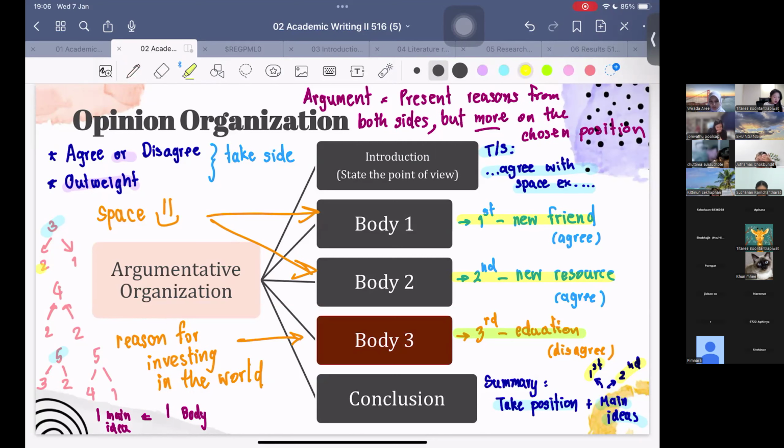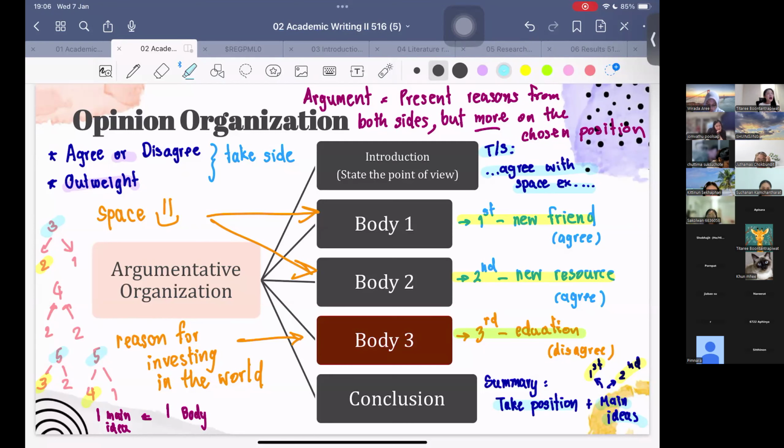That is okay as well. The idea is that when you present reasons and apply the argumentative organization, you need to make sure that you present more reasons from your chosen position than the opposite one. So 2-1, 3-2, 4-1, or more than that, that's okay.